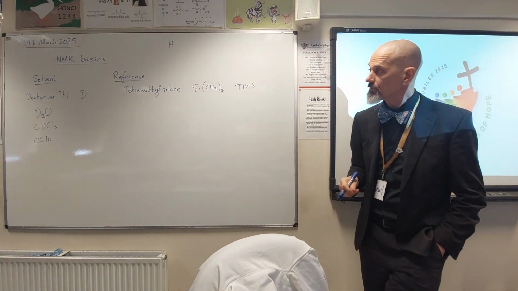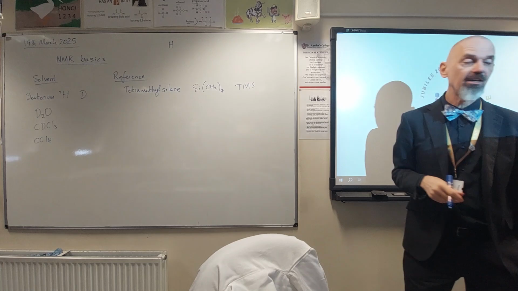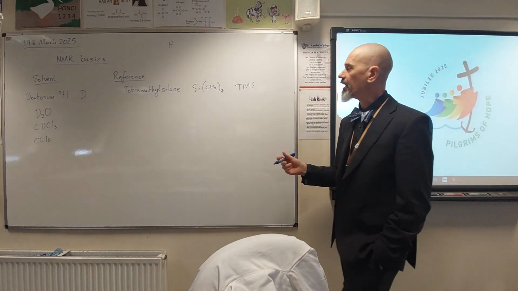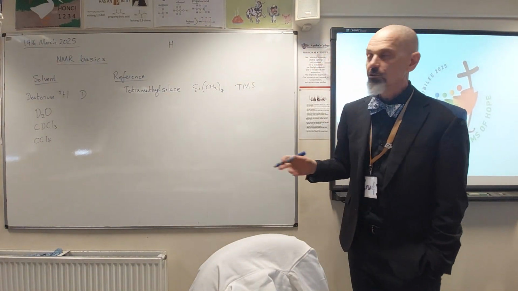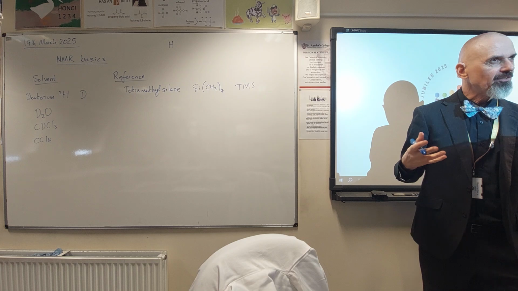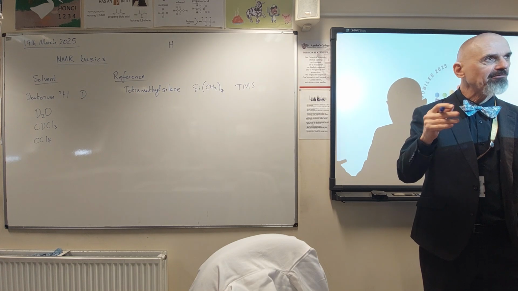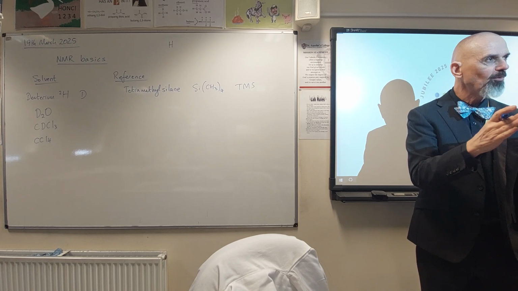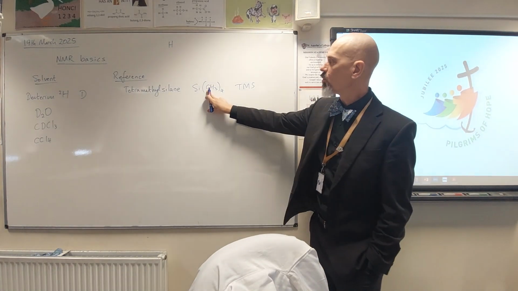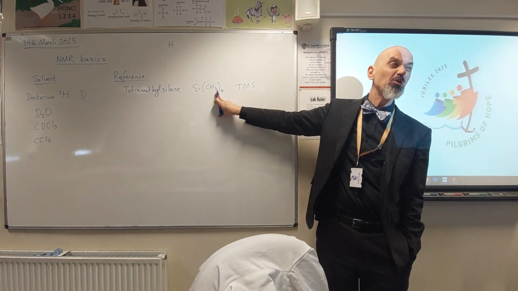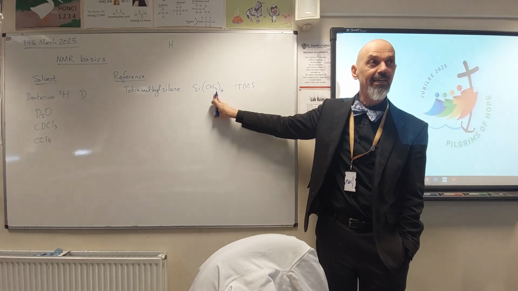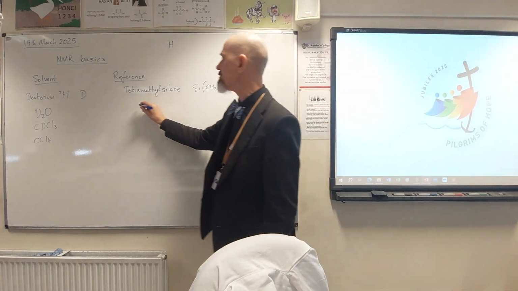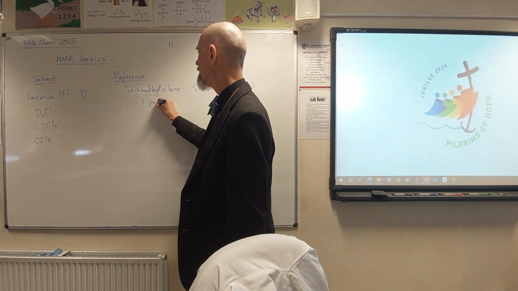So TMS is popular for a number of reasons. Remember we were saying yesterday that if you have equivalent carbons or equivalent hydrogens, then you only get one peak. Well, because all the carbons and all the hydrogens, all 12 hydrogens, are in exactly the same chemical environment for TMS, it'll only give you one peak.